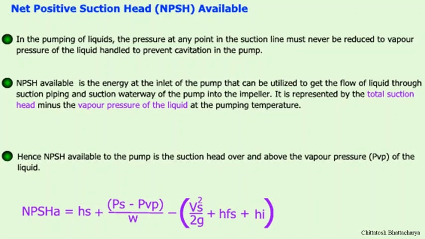And now NPSH required is a function of the pump design. A minimum required margin between suction head and vapor pressure must be given so that there is no chance of cavitation and failure of NPSH available for the proper flow arrangement.